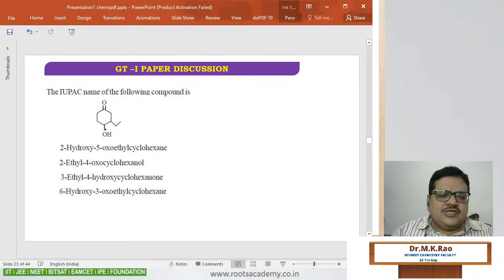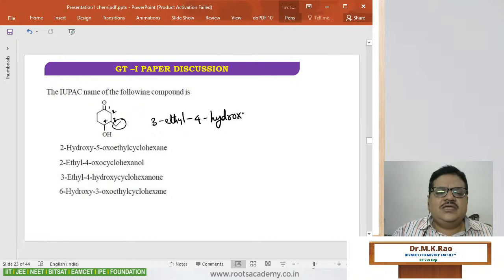Ketone is the main functional group. Here numbering is given like this: 1, 2, 3, 4. You can call it ethyl. In alphabetical order: 3 ethyl, 4 hydroxy, cyclohexanone.